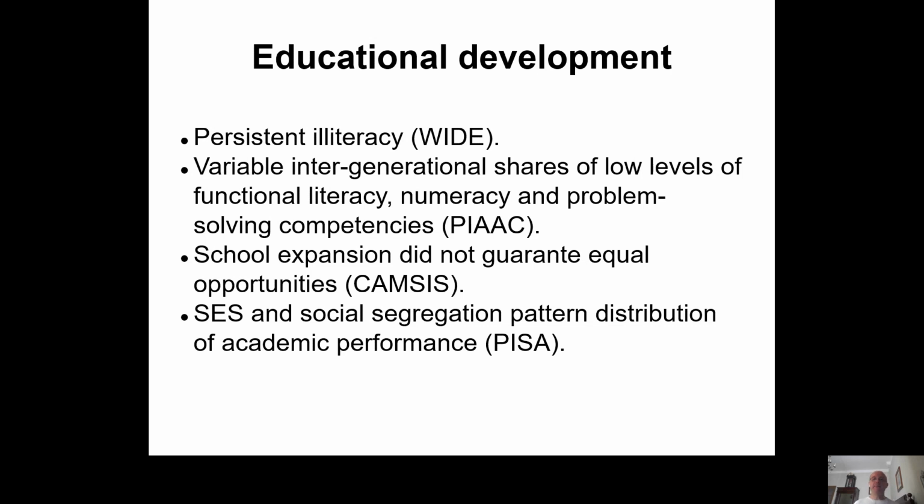Finally, the OECD PISA exam, which is normally delivered to 15-year-old students in many countries, has also convincingly shown how socioeconomic status and social segregation pattern the distribution of academic performance in a wide variety of countries, both high income and middle income countries.